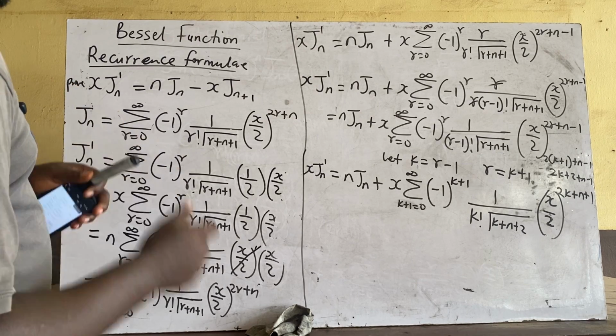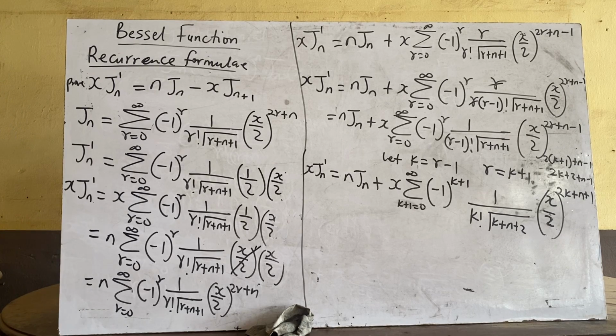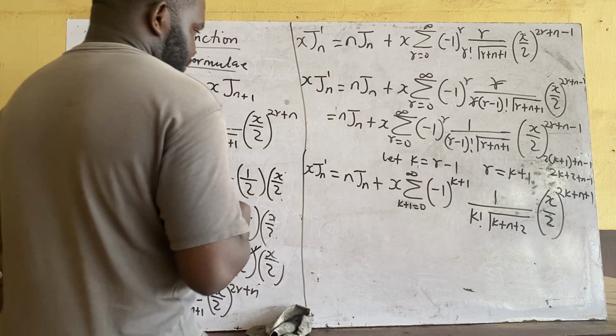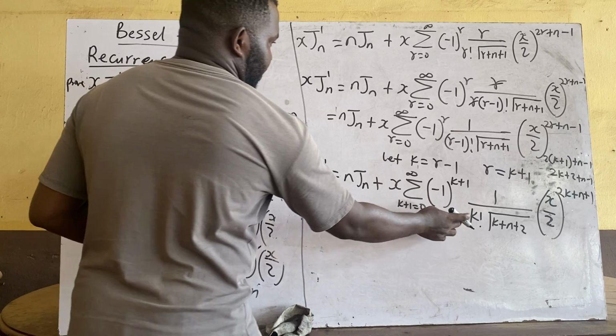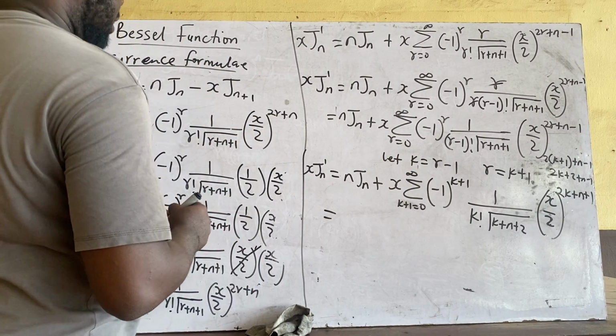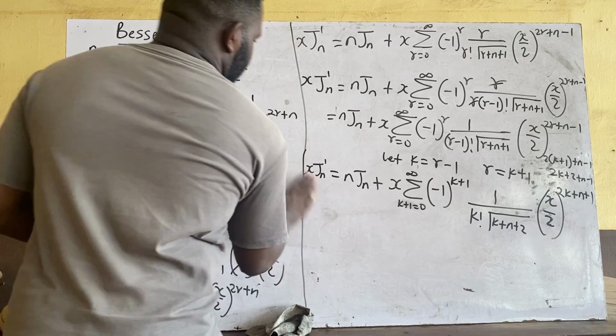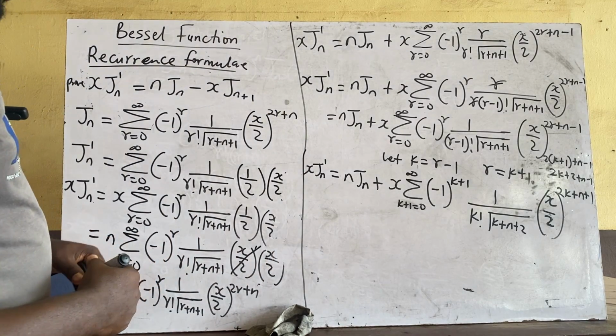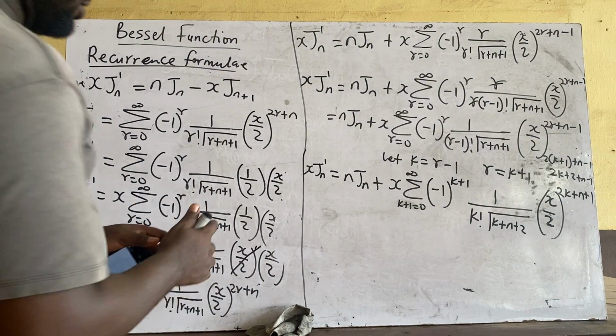So what's the next thing we are going to do now? Remember what we are trying to get is J_(n plus 1). So let us see how we put this.